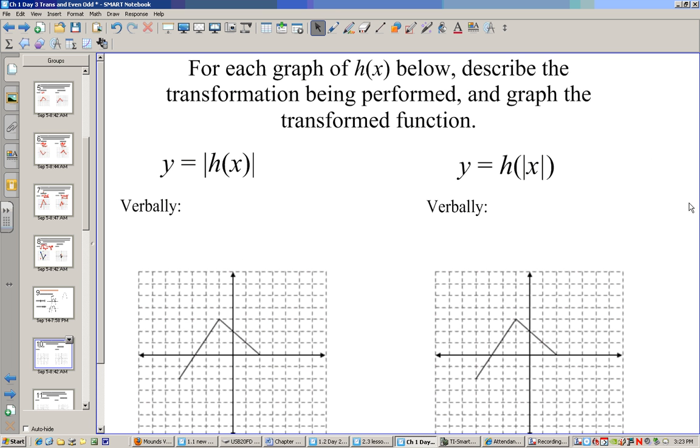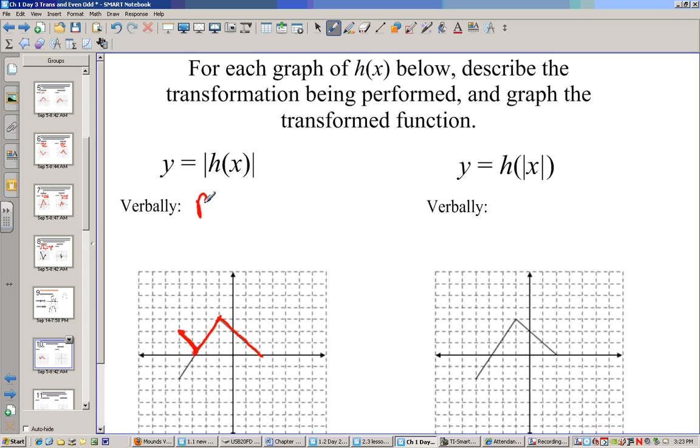All right, so let's try this with a piecewise function without a calculator. So here we're taking the absolute value of the h of x. So all of the positive y's stay exactly the same. But where the y becomes negative, it flips up to being positive.